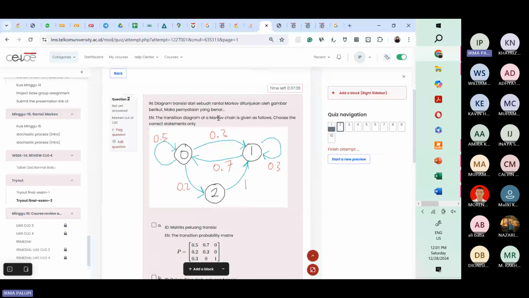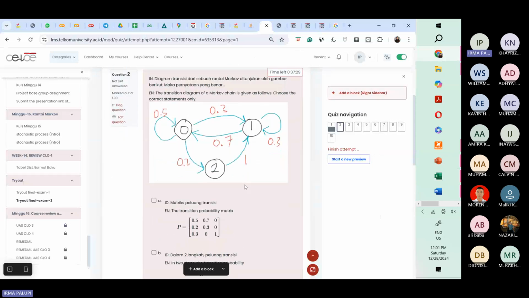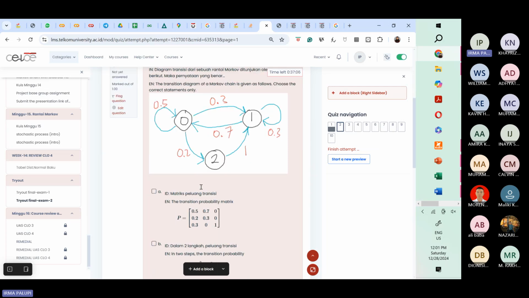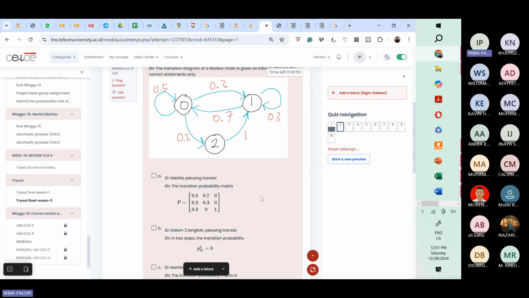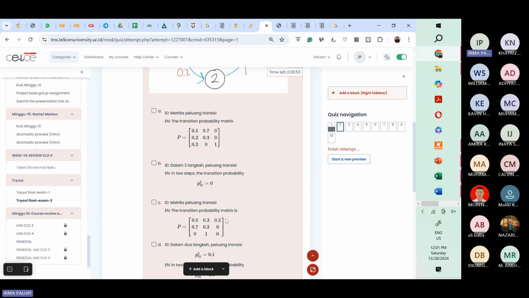The transition diagram of Markov chains is given as follows. Choose the correct statement. We have the transition matrix of probability. We have 3 states here, 0, 1, 2, so a 3 by 3 matrix, right? 0 to 0 is 0.5, 0 to 1 is supposed to be 0.3, so this is wrong. In 2 steps, the transition probability to 1 is 0.